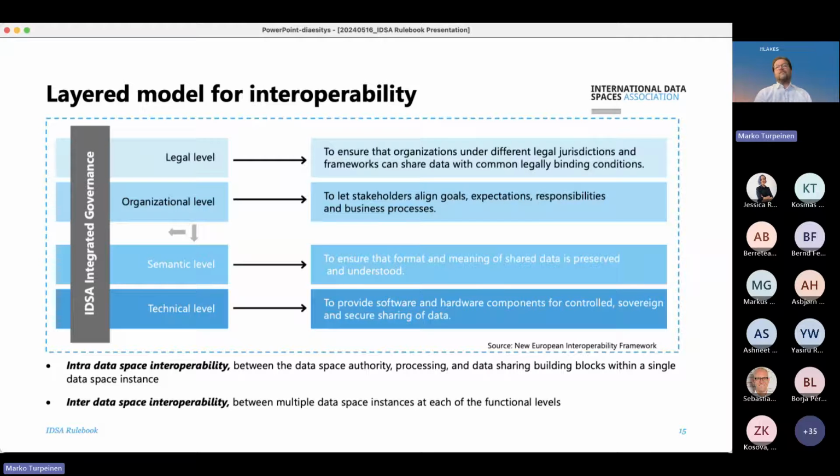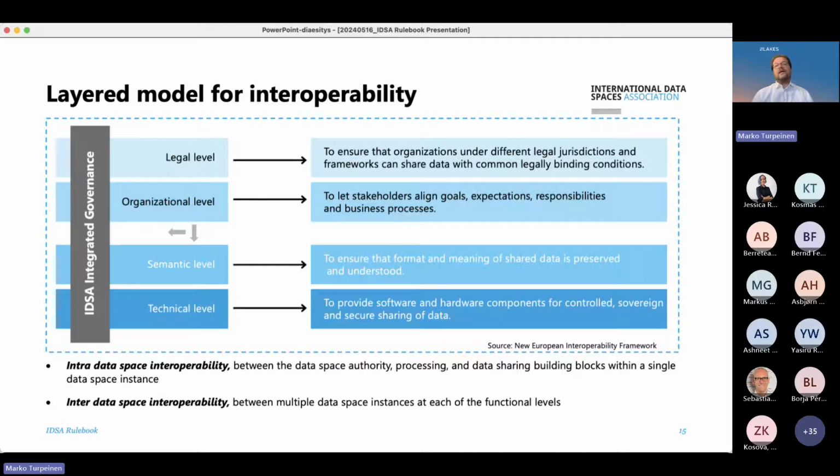Then another aspect of interoperability is this data space interoperability. So within a data space, how do you make it so that it's well structured, governed? We have within a data space everything becoming interoperable, and then the other dimension to this is, what happens when you start connecting different data spaces together, and how do they become interoperable?